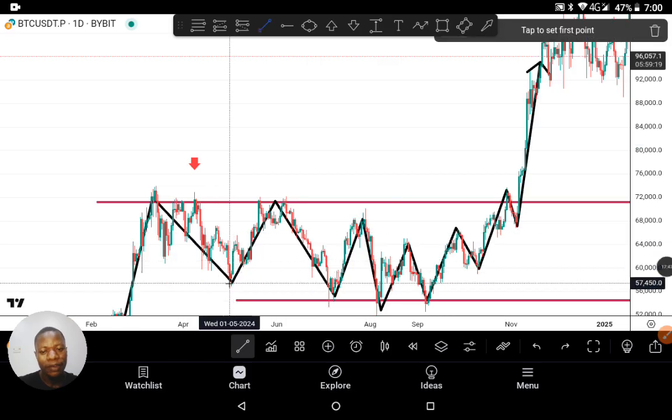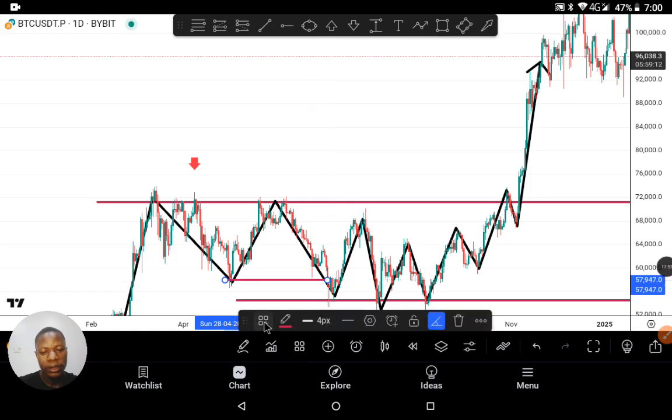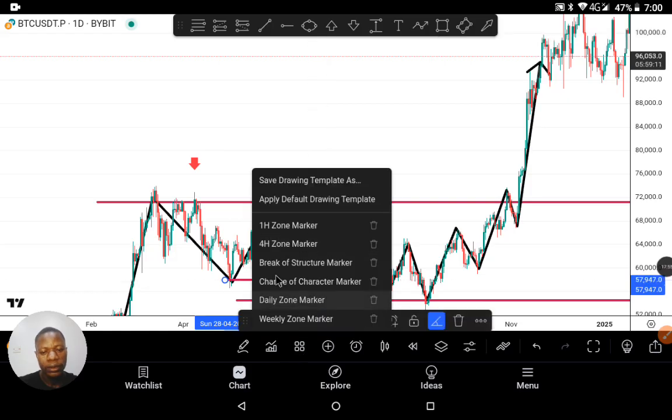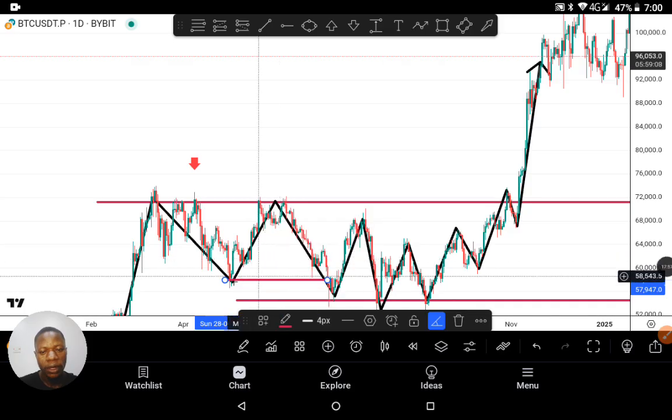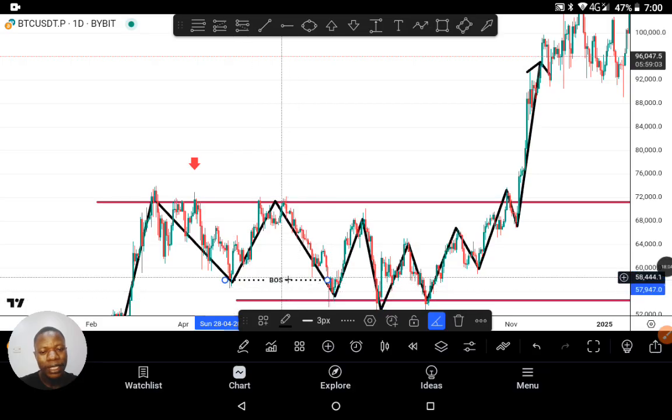We have a previous low, and from this low, the market came down and broke below it to give us a lower low. So there's a break of structure here, which shows that the market still intends to go downward.